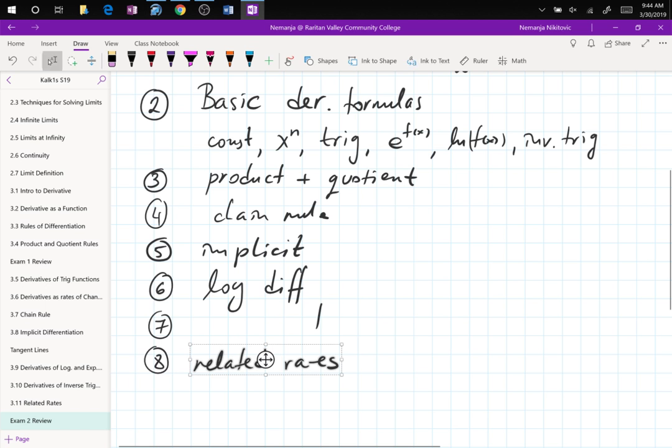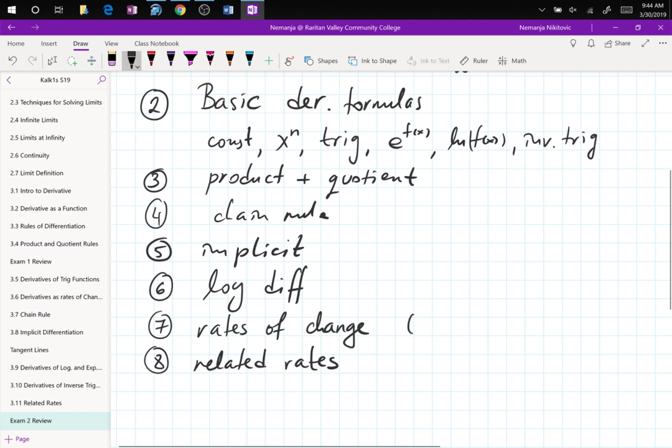Not related. That was the last section we just did. The rates of change. Rates of change is where we did all the velocity, speed, acceleration, and business application, population change.